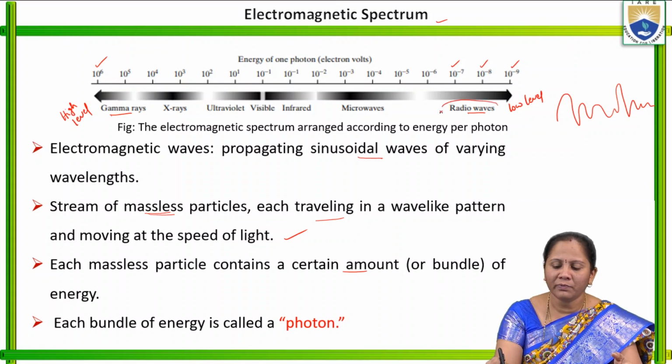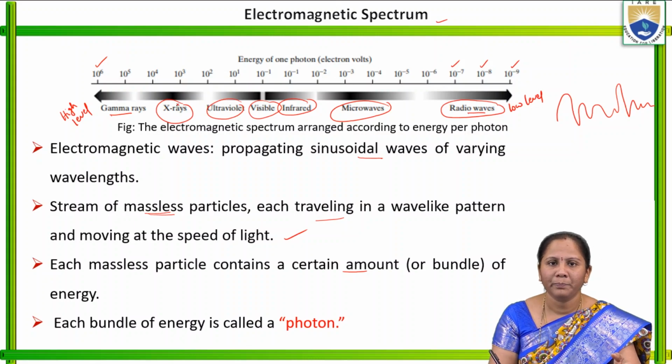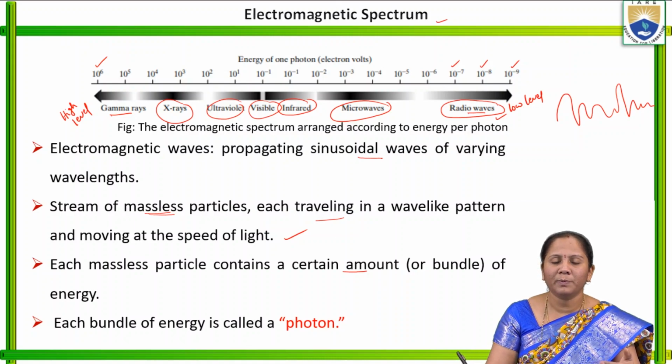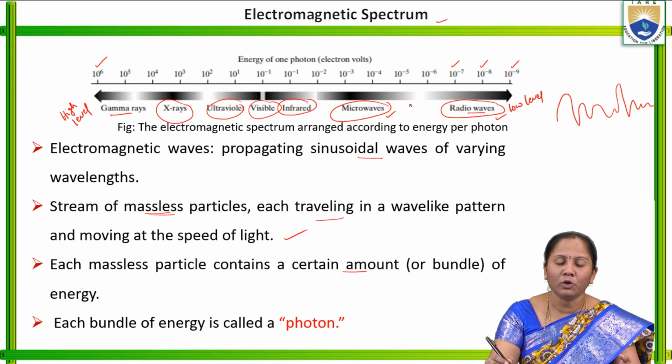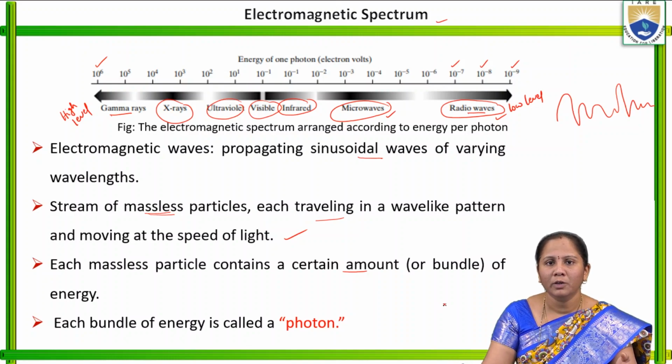Here we can see different bands in the electromagnetic spectrum. Each one can also be called a photon. Now we will see each application. If we come to radio waves, in which application will radio wave imaging be used? And for microwaves, in which application will microwave imaging be used?